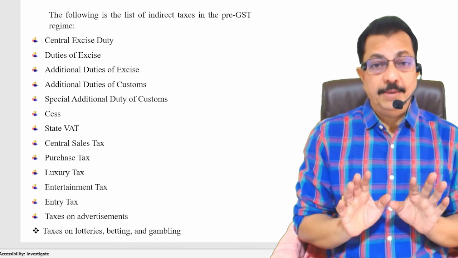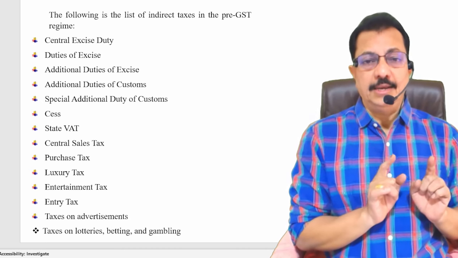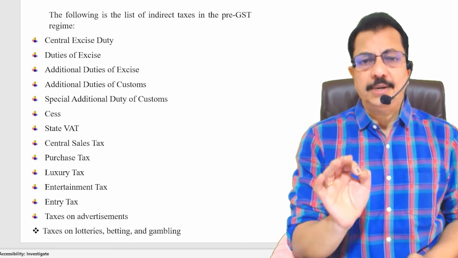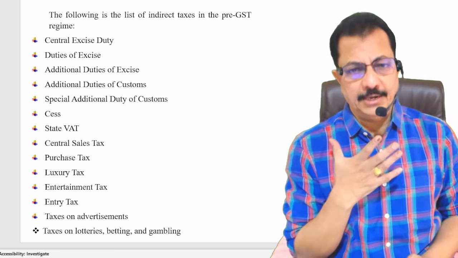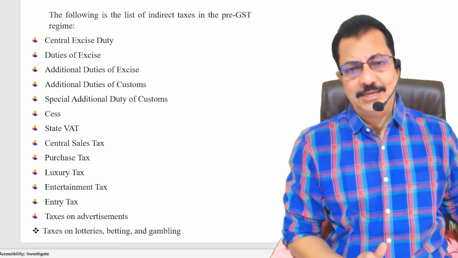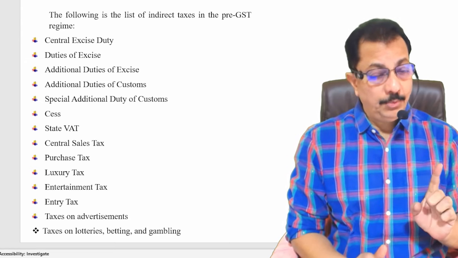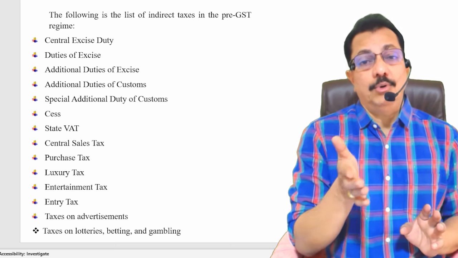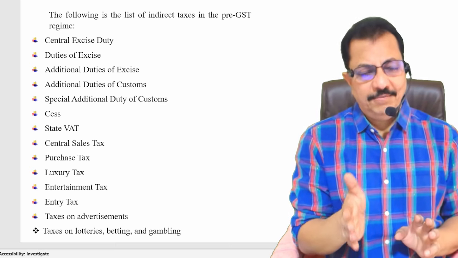Clear? Kindly remember, as we understood in the earlier class, taxes are considered the most important source of income to the government. Government cannot afford to remove the taxes, but the government will introduce more and more taxes. Am I clear? Very, very important one.